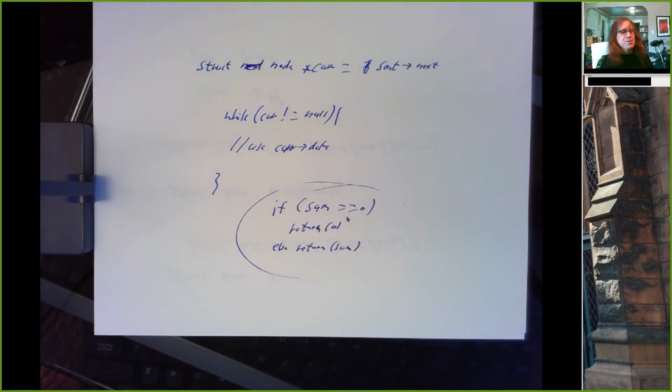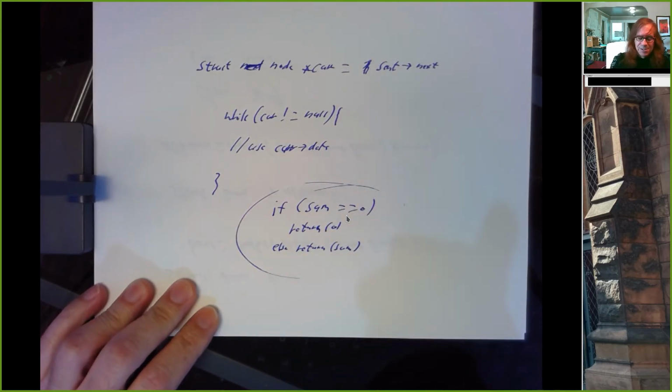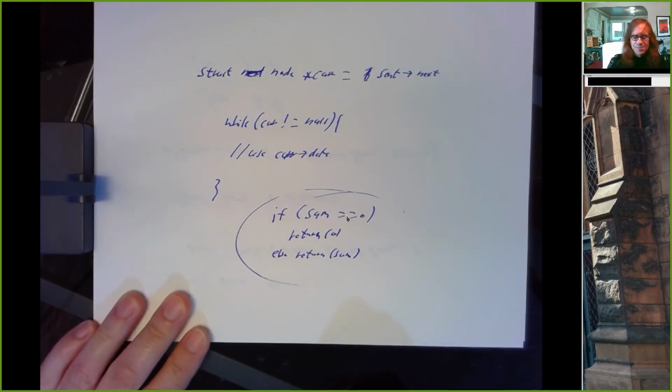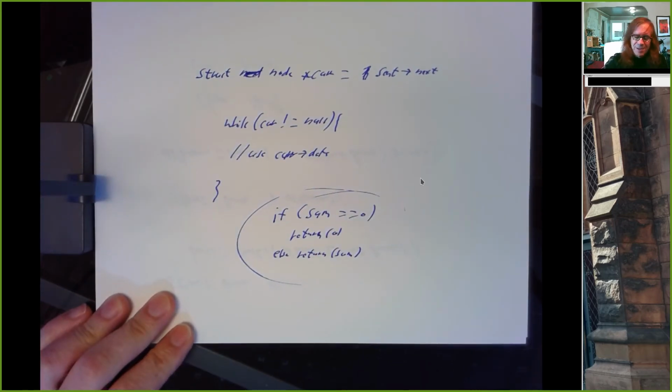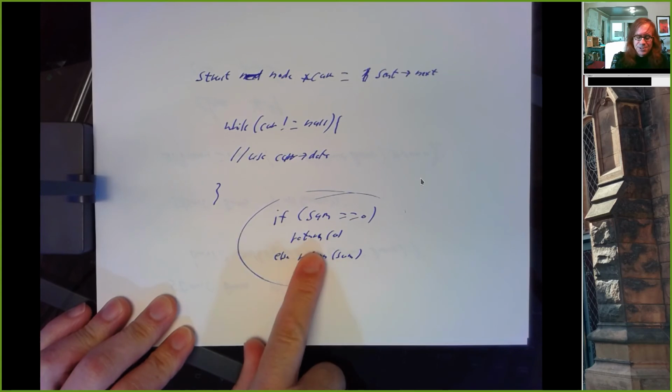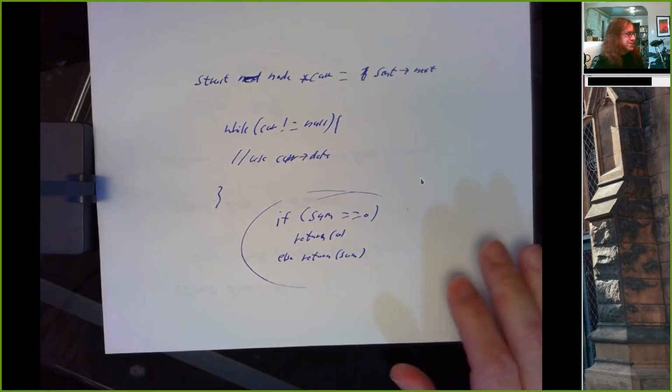I didn't take off points for it. But what is this saying? If the sum is 0, let's return 0, which is the sum. Otherwise, return the sum. You could have just said return sum. And if the sum happens to equal 0, it's going to return 0. So, yeah, just return sum.